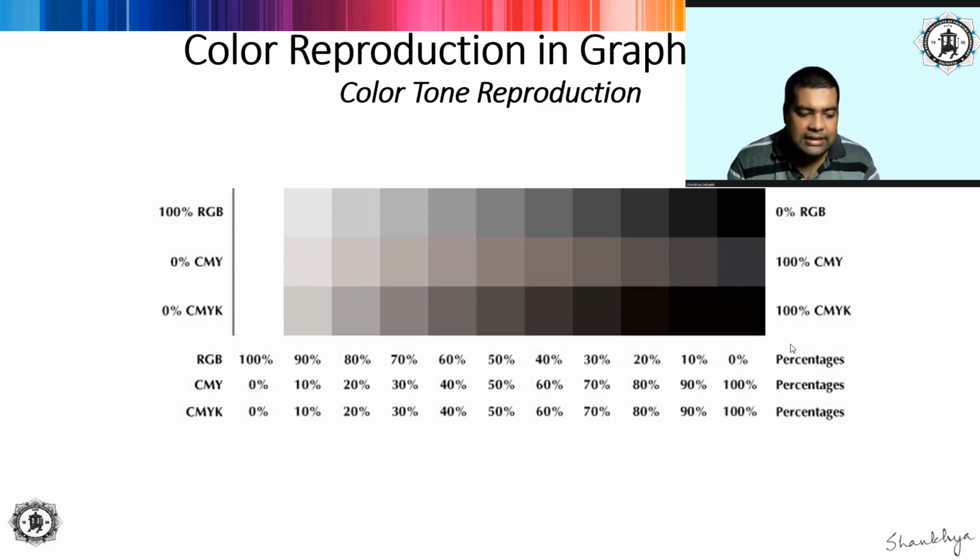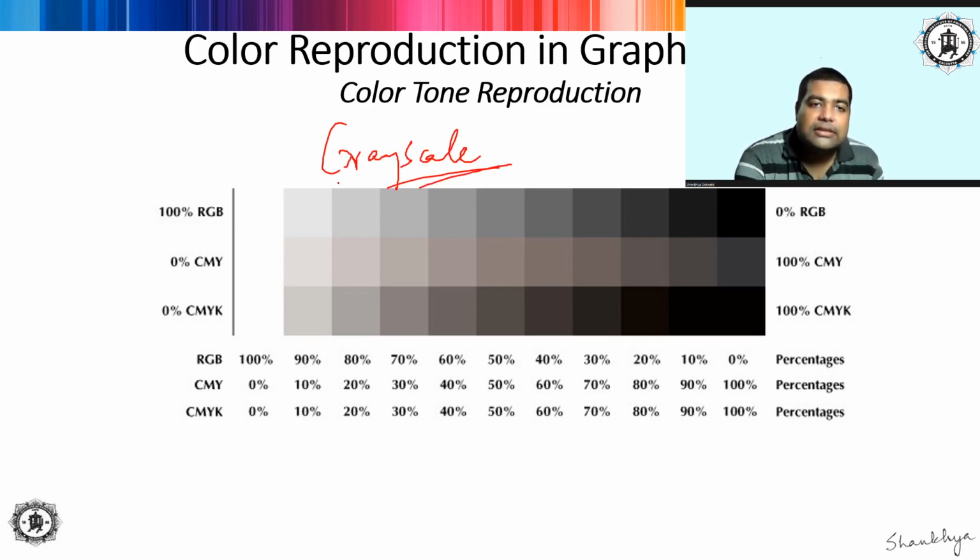Now, as I've already stated in the previous lecture also, what is the primary goal of any reproduction, right? The image that you see in front of you is basically a grayscale. This can be called a grayscale. Why is it a grayscale? Because it has a multitude of wedges increasing in the dot percentages.